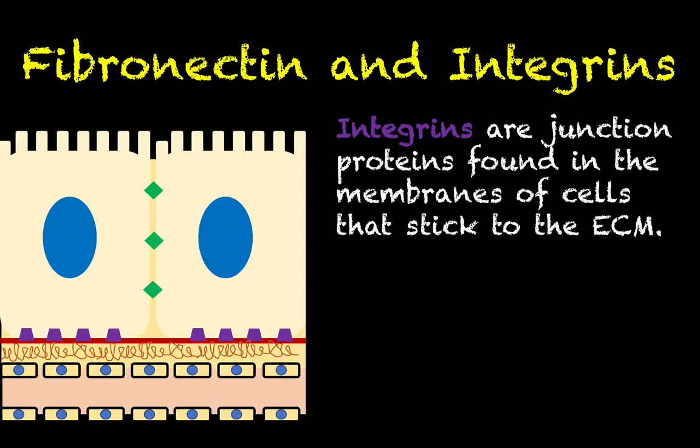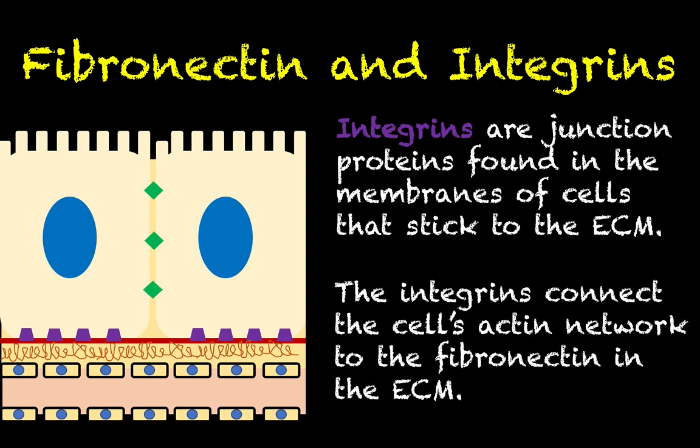In particular, I want to talk a little bit about fibronectin. So fibronectin has a very close relationship with a membrane protein that you find in a lot of epithelial cells. These proteins are called integrins, and you can see them down here in the basolateral membrane, and they are shaded in purple. Integrins are junction proteins that you will find in the basolateral membranes of cells that like to stick to the extracellular matrix.